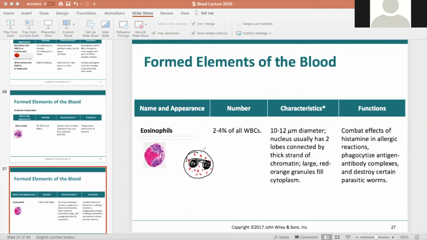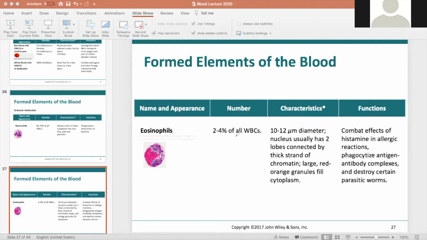And the granules here are kind of an orangey red. So you want to make sure that you can identify this phone-shaped nucleus and these orangey red granules.